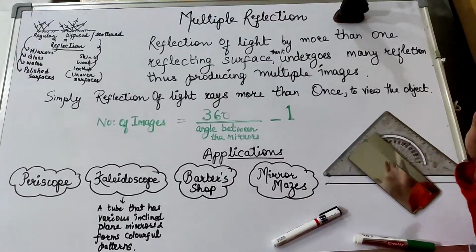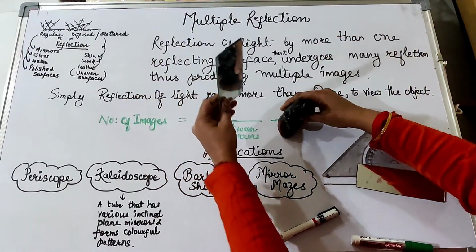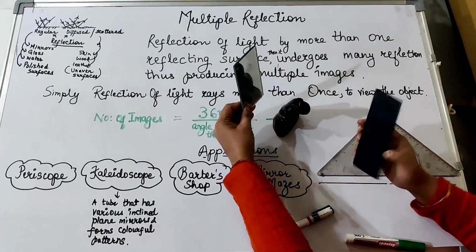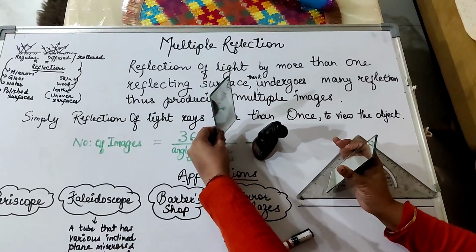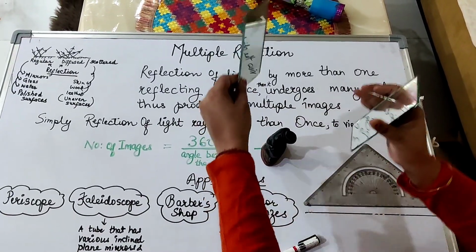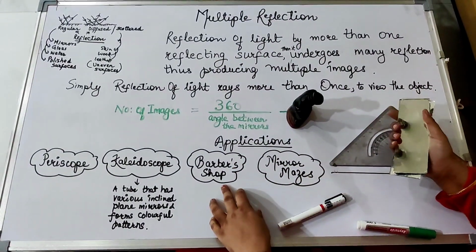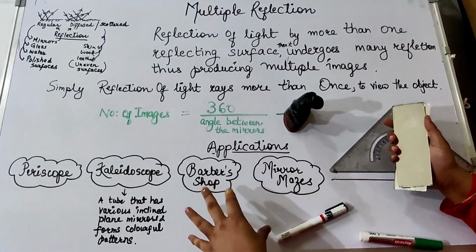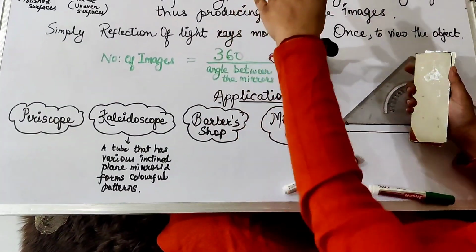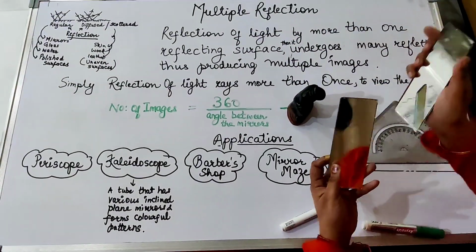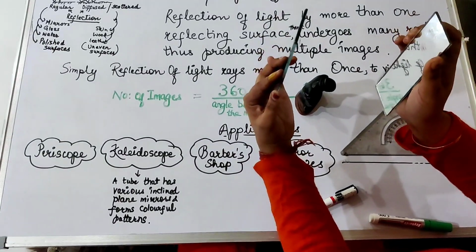Once the haircut is done, the barber asks the person sitting in front of the mirror, sir, are you happy with this cutting? See your back? Yes. This is the example of multiple reflection. So the barber shop is a great example where the person takes the help of multiple reflection from two surfaces, two mirrors, parallel to each other.